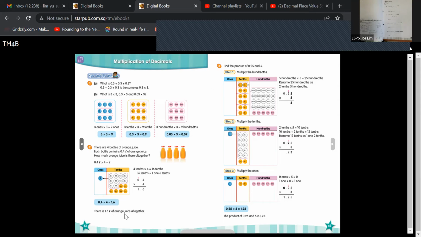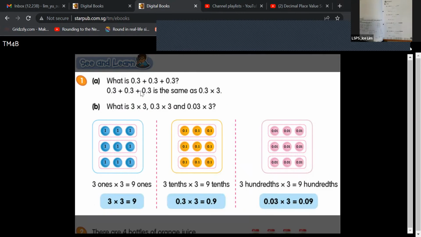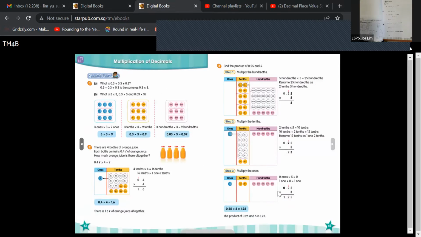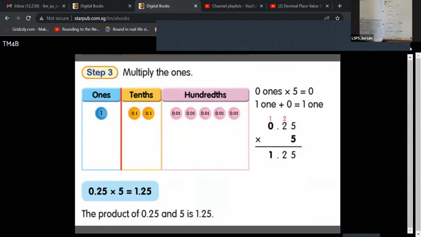Those of you who have it, if you look at the textbook and take reference from it, it shows you how the same ideas of multiplication from whole numbers get carried on to decimal places, and how to do regrouping of decimals as with whole numbers.